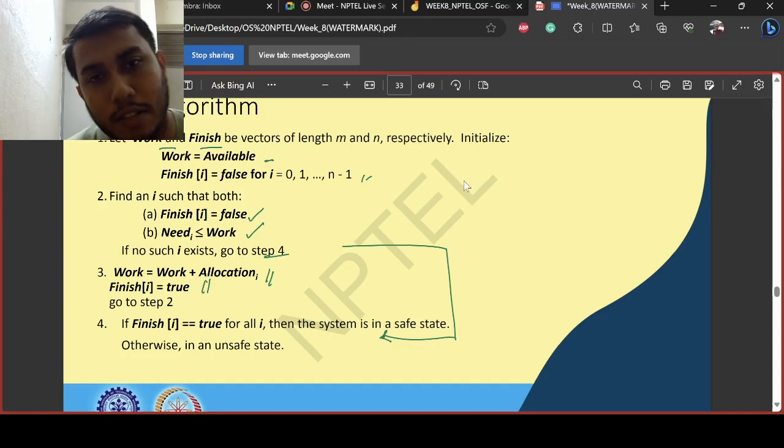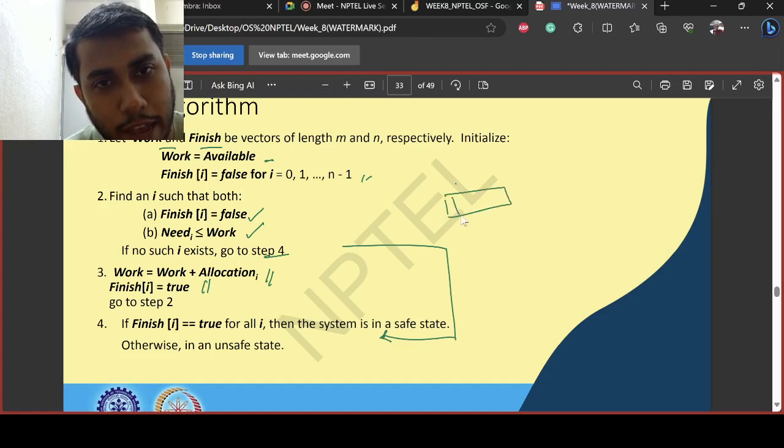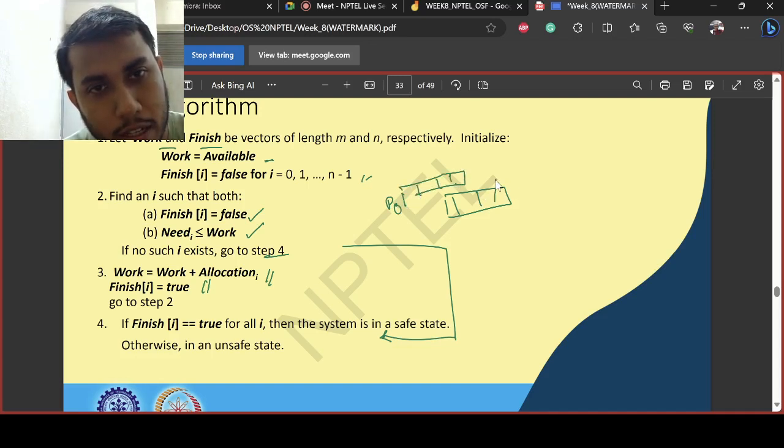So what does this do? You have a resource list available. You check whether process P1, which has a claim of something, can be satisfied, that is, whether the need covers all its claim.